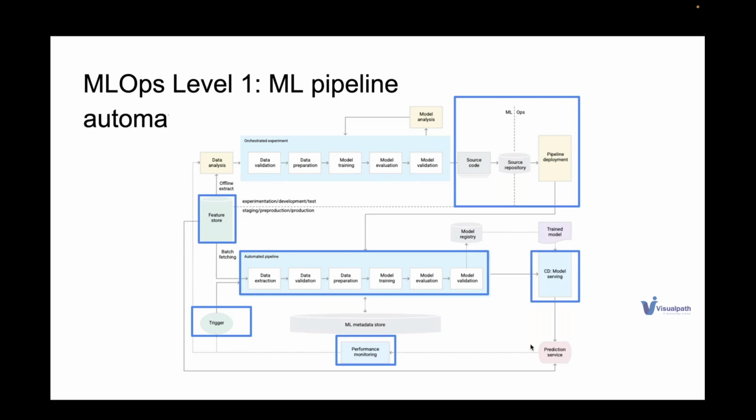Once we have the prediction service, we look at performance monitoring, because we want to see how the system is performing and whether it has the required performance. If the performance is not up to the mark, or there are some issues detected by the performance monitoring, it will trigger an automated pipeline again, maybe for retraining, or it will trigger a data analysis.